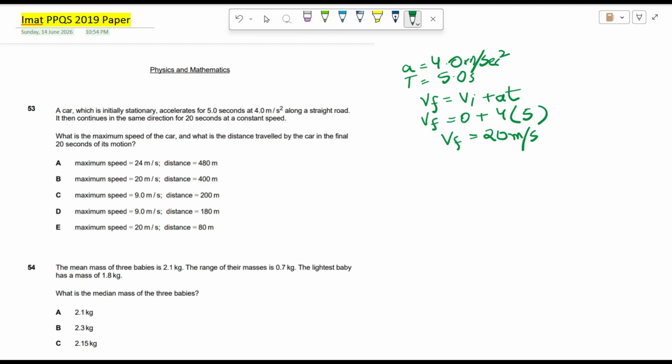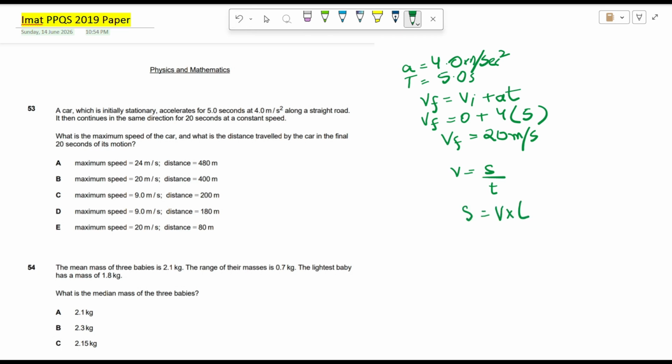Now we are supposed to find the distance for the final 20 seconds of the motion, right? So basically how we're gonna find this distance would be by this formula: V is equal to S by T. This relation we already know, right? And velocity is basically just change of distance over time. So now we are supposed to find this distance, and velocity and time are already given to us.